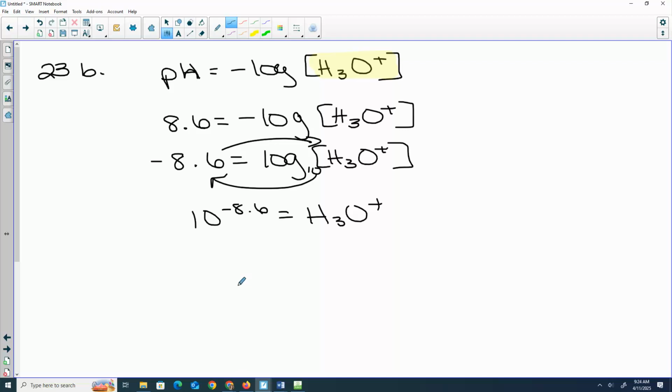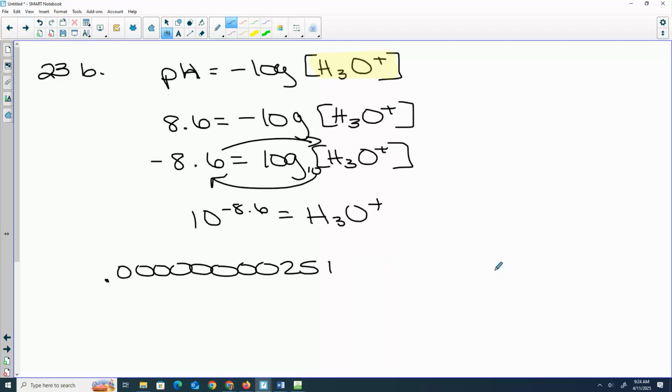But that's not how I want you to write your final answer. If you type 10 to the negative 8.6 power in your calculator, it's going to depend on which calculator you're using. If you have the graphing ones, it just gives you the answer. But we know on the test we don't have those. So it has something like this.